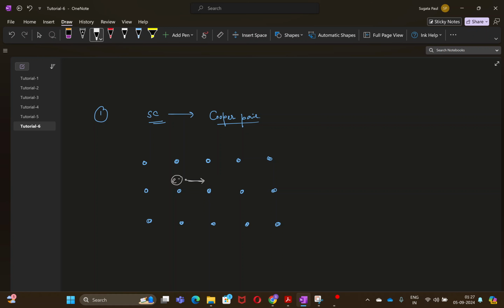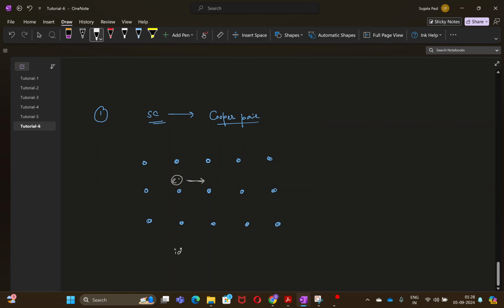As soon as the electron comes in the vicinity of the atoms, all the neighboring atoms closest to the electronic charge have a positive charge, so they will be attracted towards the electron, right? Let me draw it somehow.